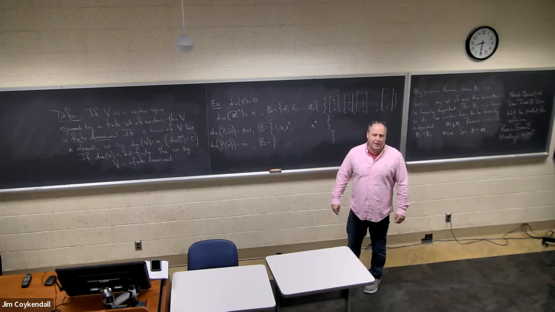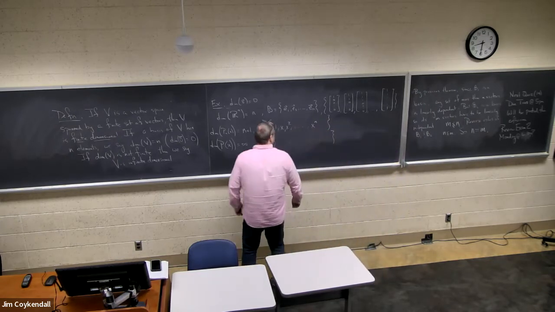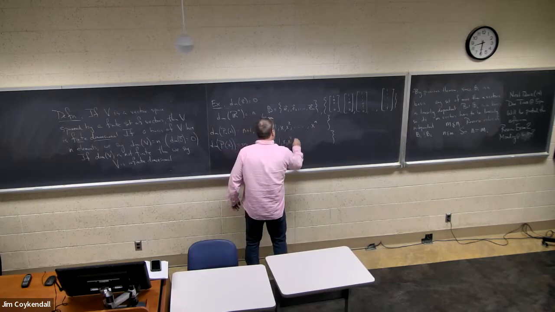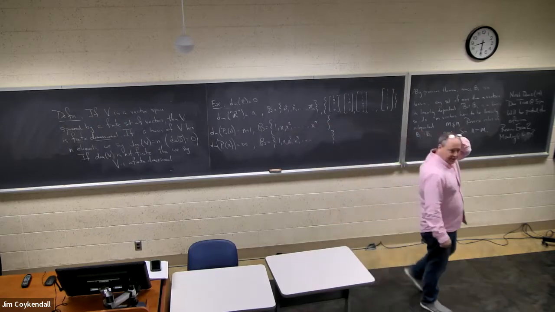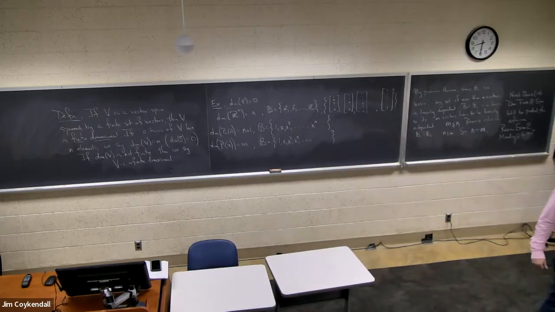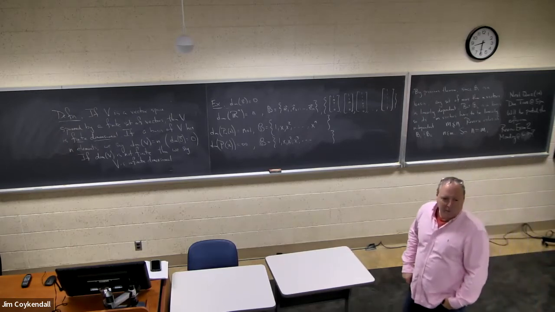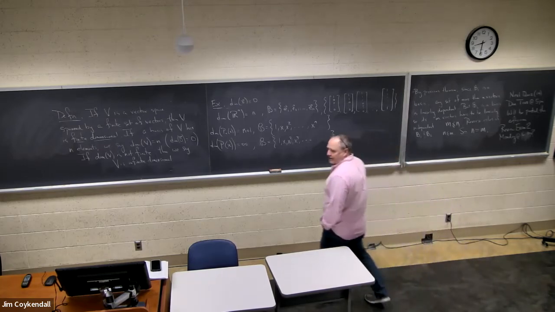Anybody want to give a basis for that? It's just like this, just don't stop. That's a basis, but you can only use finitely many things at a time when you write down a single element.